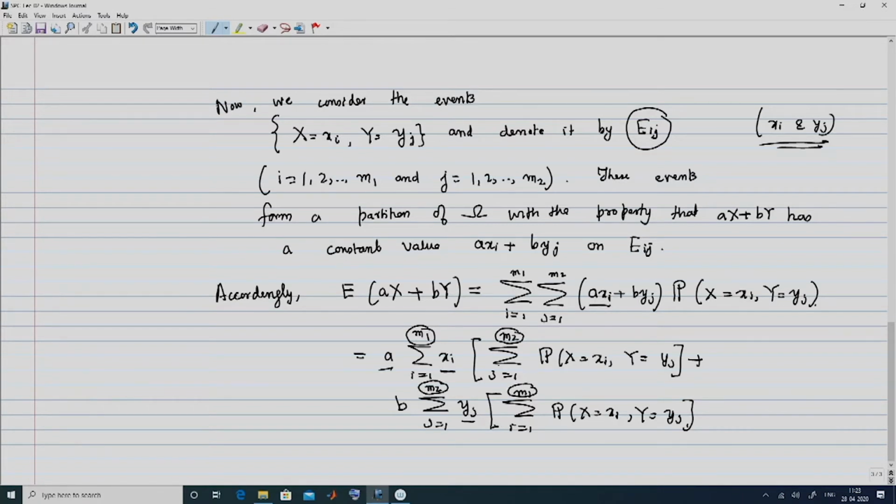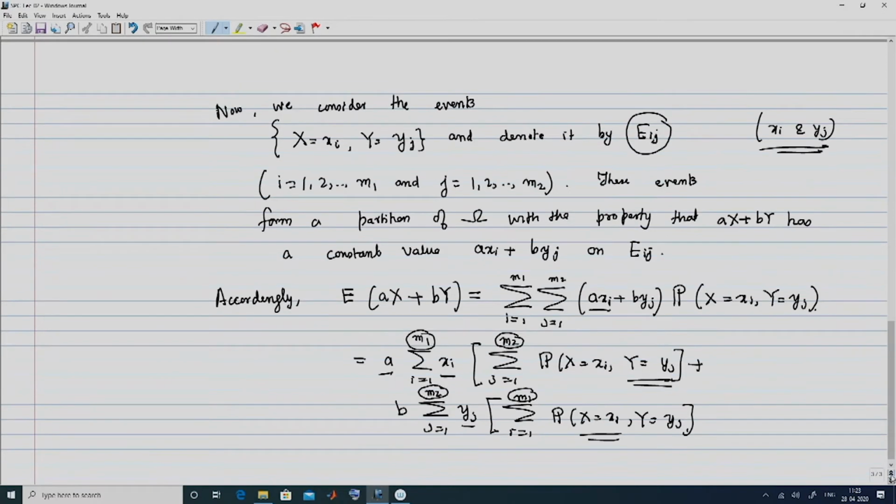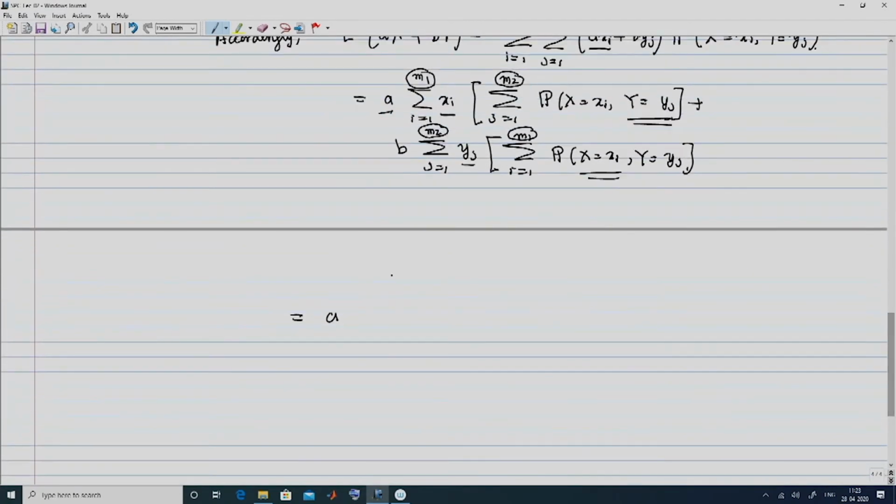Now, interestingly, observe that since j runs from 1 to m2, this probability will add up to 1, and here it runs from i equal to 1 to m1, so this will also add up to 1. So in the next line I will have a times the summation of x_i, i equal to 1 to m1, times the probability of X equal to x_i.